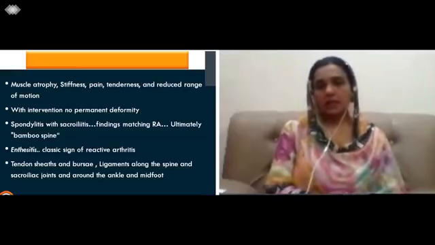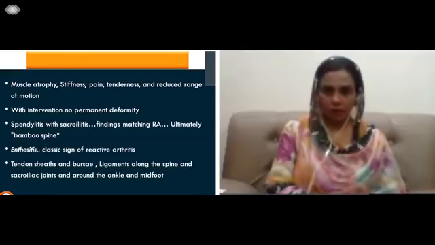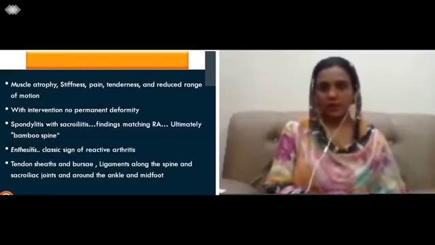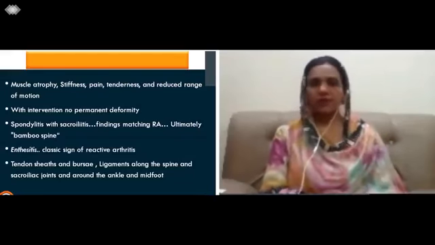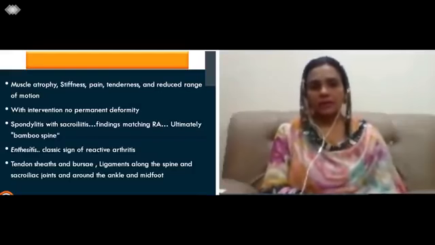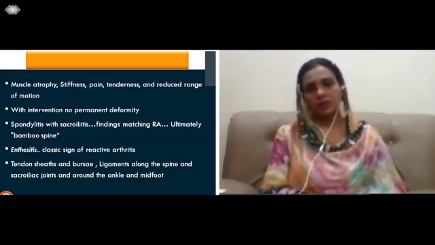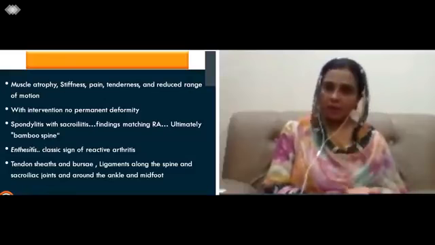But if the condition is treated properly and the patient is given proper intervention, then there will be no permanent deformity like in actual rheumatoid arthritis or other autoimmune diseases. But in other cases, in patients who develop spondylitis along with sacroiliitis, the condition is progressive and can ultimately progress towards bamboo spine.